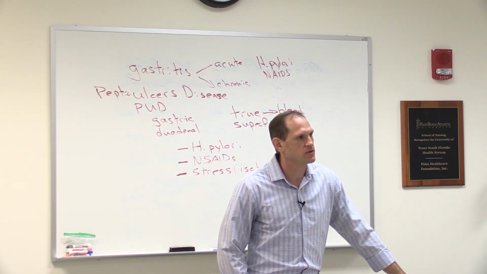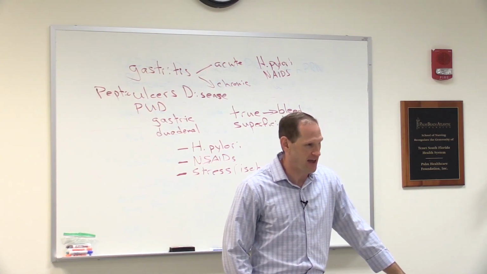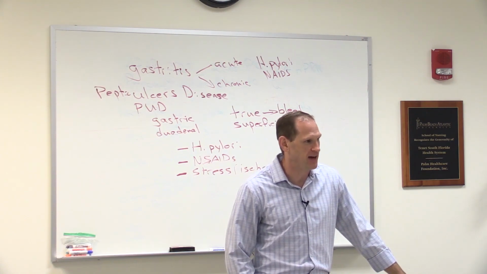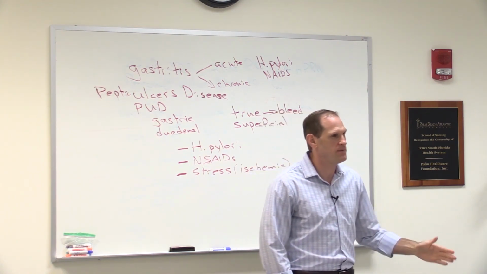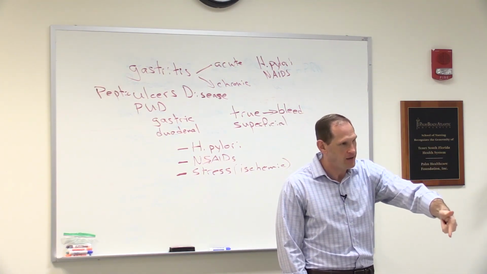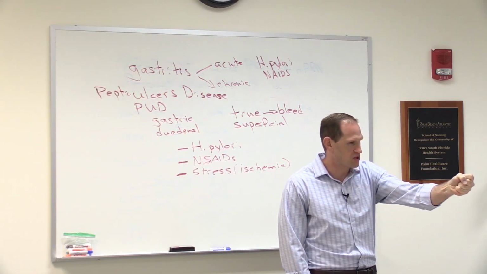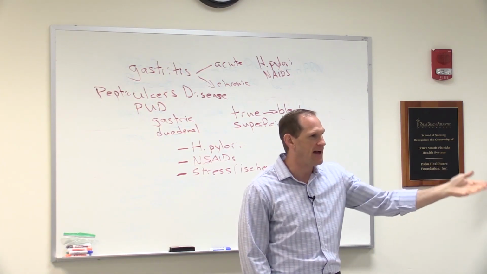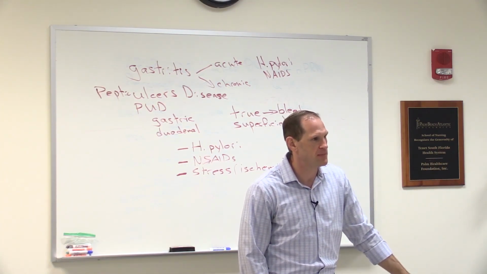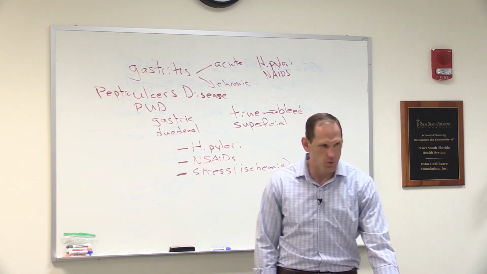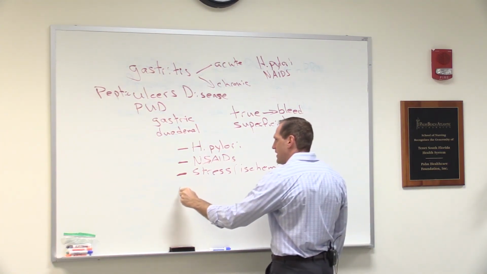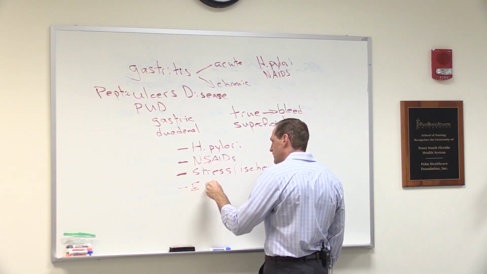Decreased blood flow, aka ischemia. So when we talk about stress, what we mean is like you got shot with a gun and the blood loss caused vasoconstriction or maybe shock, and that is what led to the ulcer. Does that make sense? Okay, and there is one last honorable mention, and that is alcohol.